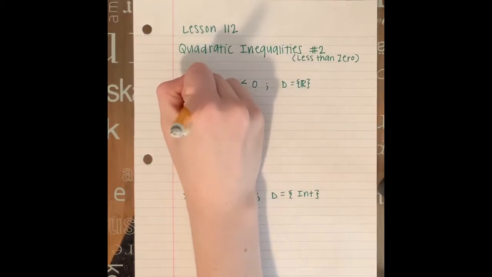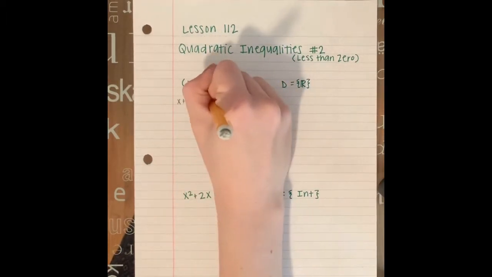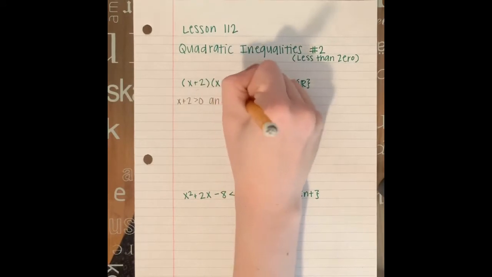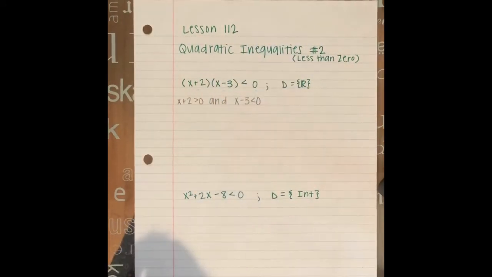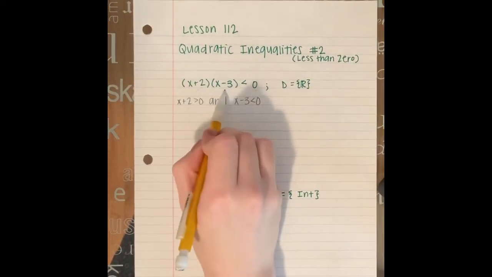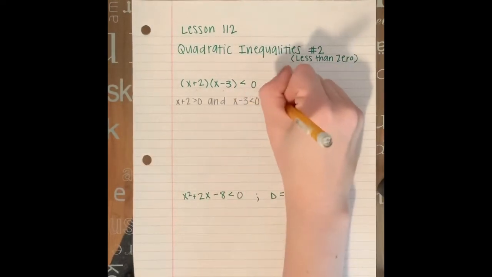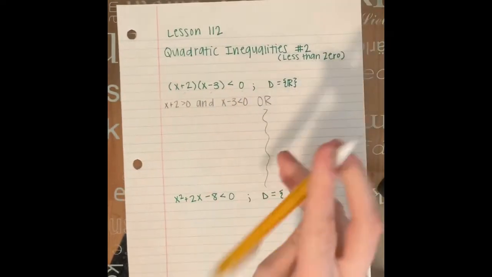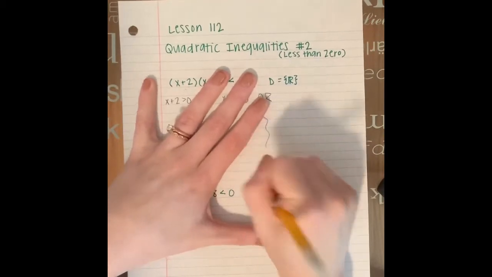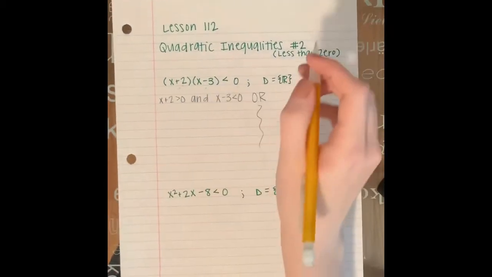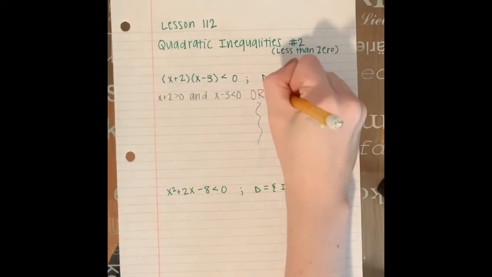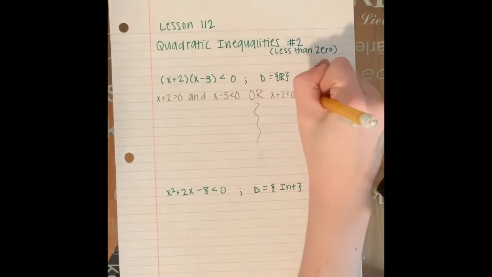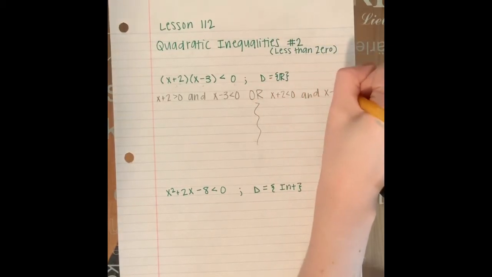X plus 2 is positive and x minus 3 is negative. So either the first one's positive and the second one's negative, or x plus 2 is negative and x minus 3 is positive.